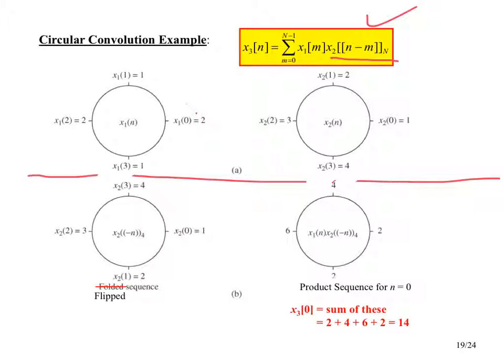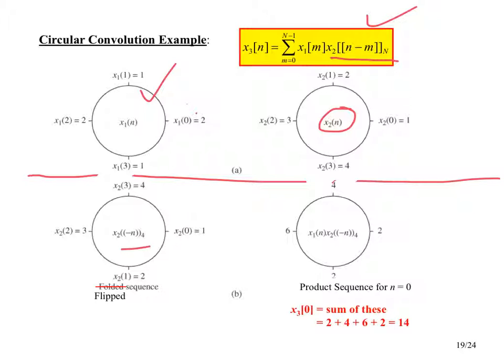So leaving x1 by itself, and then taking this x2 and first flipping it, because remember when we did regular convolution, we would first flip and then shift that flipped version. So think of it as a function that's been flipped, and so now we're going to flip this thing.